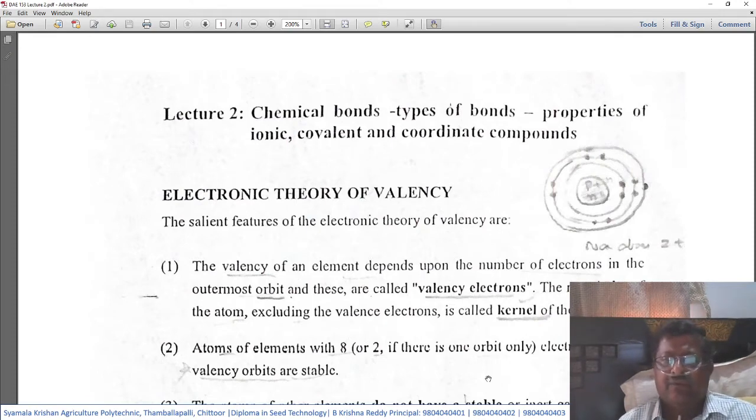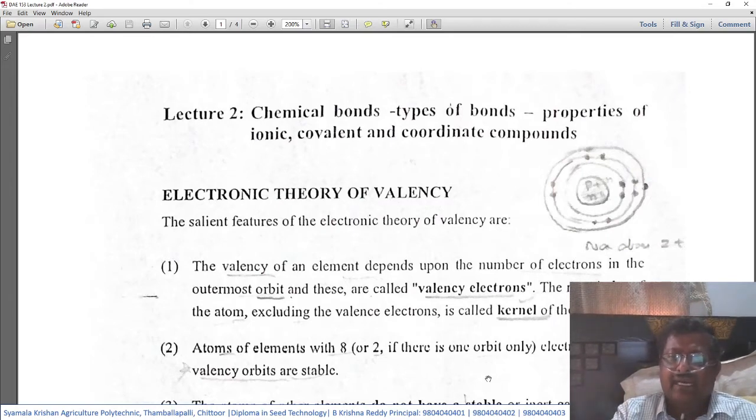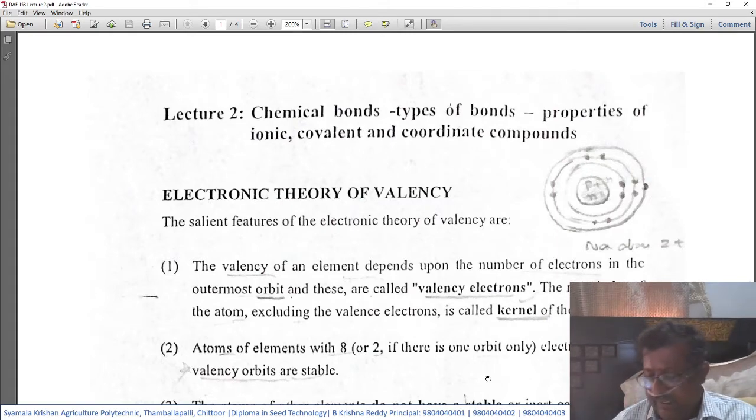See, if you see a rough diagram of an atom, how it looks. For example, here I have taken the sodium atom, where the electron configuration is 2 plus 8 plus 1.